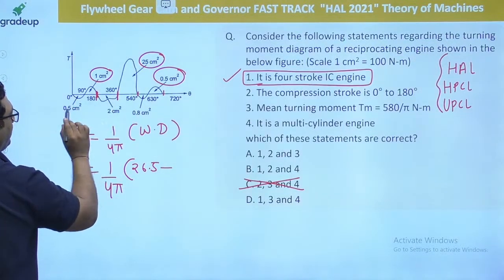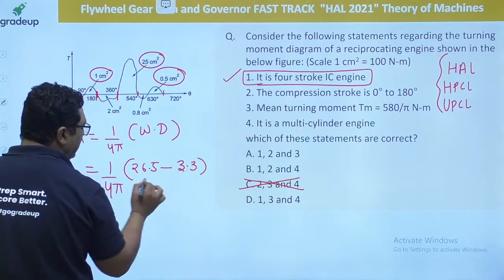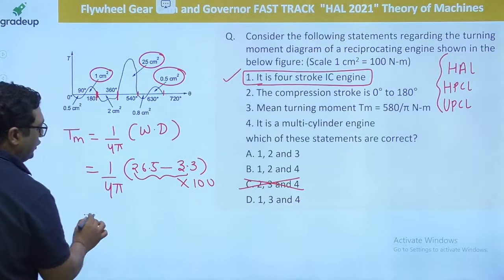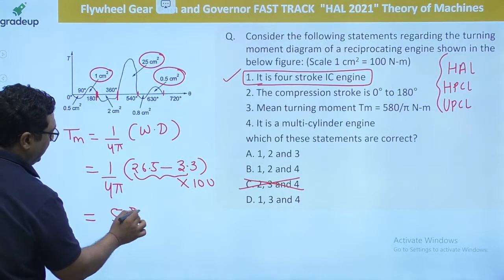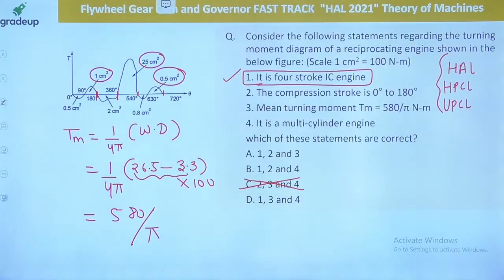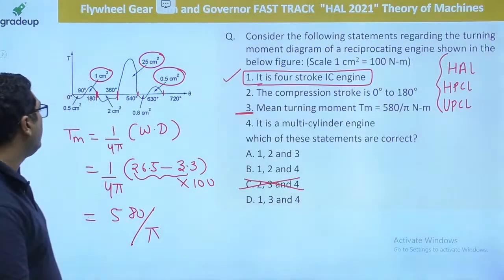So 2.8, plus 0.5 is 3.3. And you know 1 centimeter square is equal to 100. You will multiply it with this, and then you will get the value 580 upon pi. This will be the answer you will get, I feel so. So obviously this option is going to be a correct one for sure.